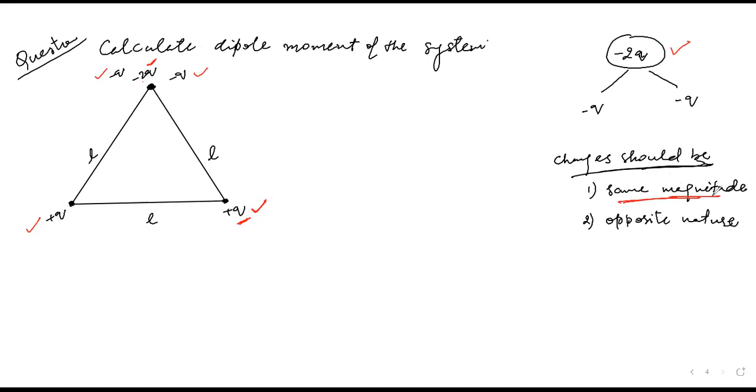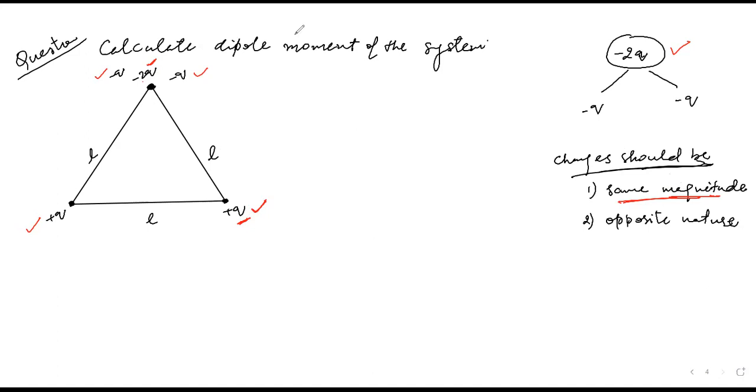Are you clear? Mansi, Nida, Rufia, all of you are understanding or not? Yes, sir. Yeah, I am telling all of you what is the reason to divide this charge.